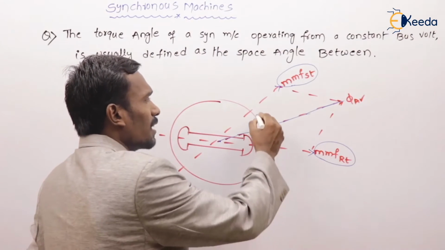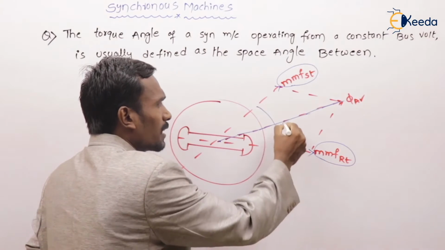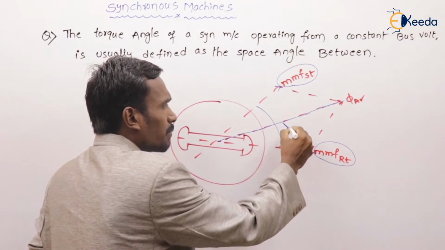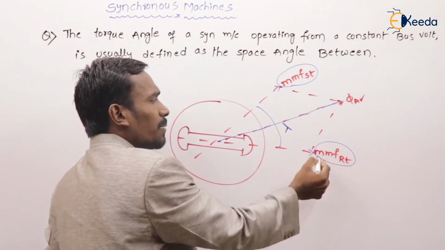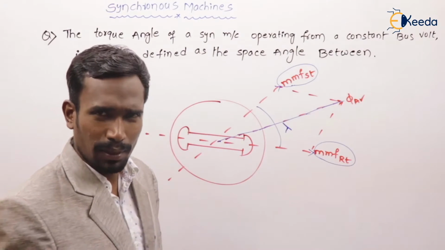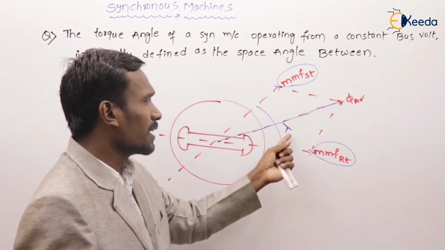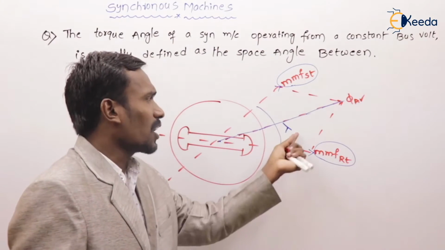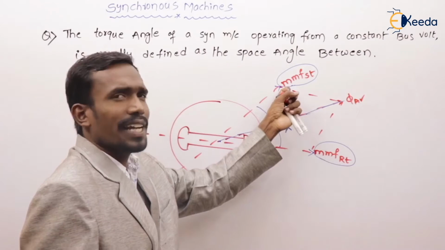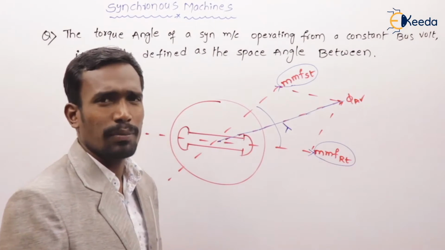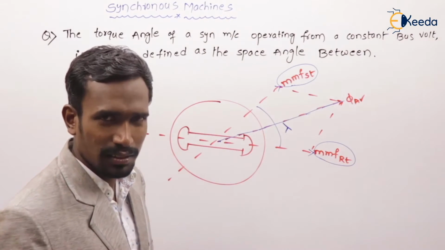The torque angle lambda is the space angle between stator MMF and rotor MMF. Lambda is the torque angle. That the torque angle is the space angle between the stator MMF and rotor MMF is the 100% correct answer.